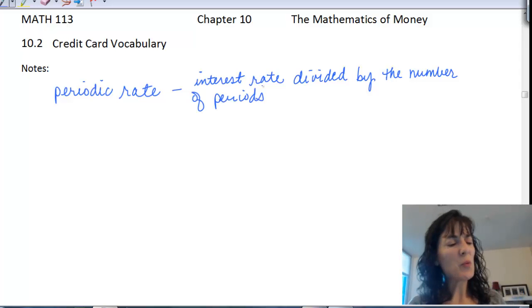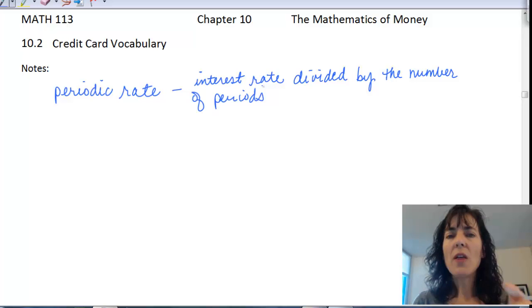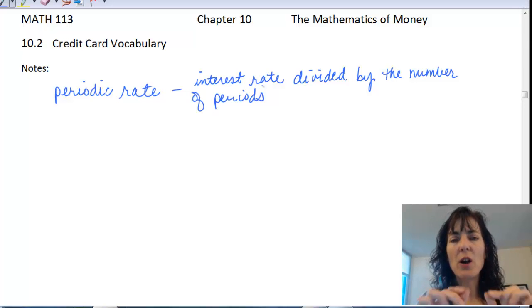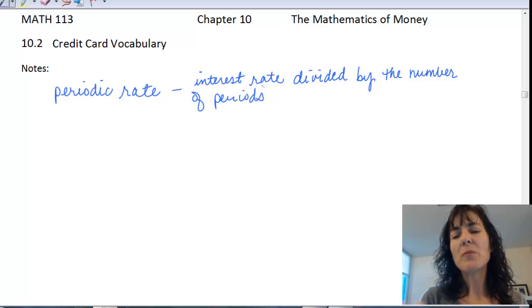And that's kind of a weird way to say it, but what the periodic rate is if you have an APR, or an annual percentage rate, of say 14% on your credit card, the daily rate is going to be a fraction of that, how much is assigned per day. So you would divide by the number of periods.